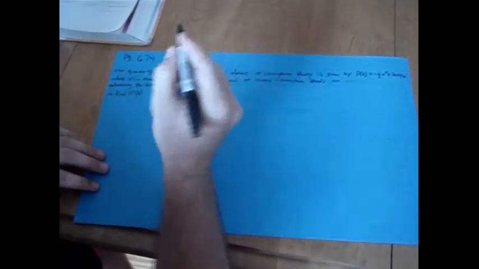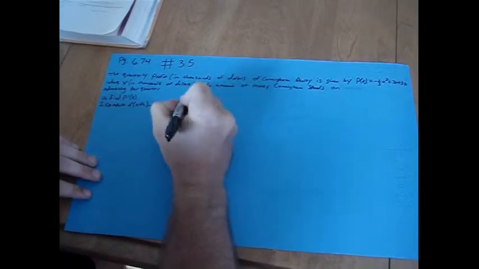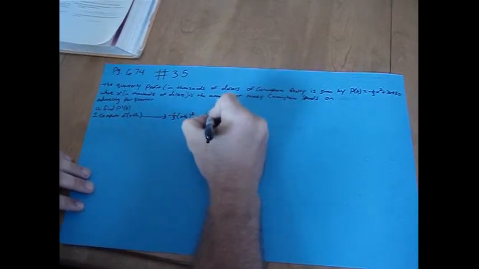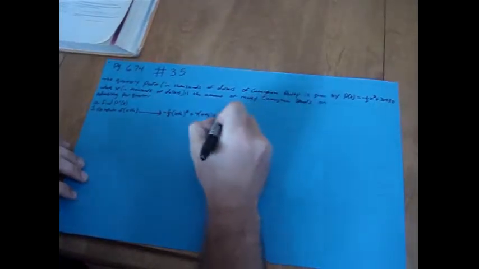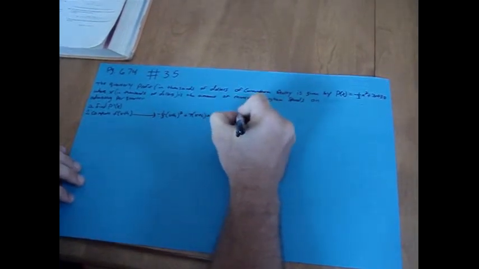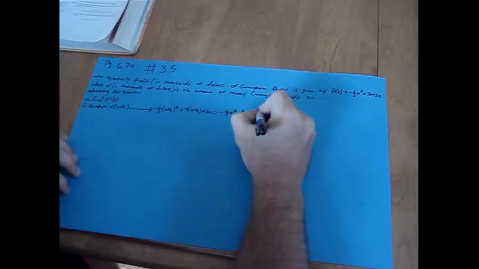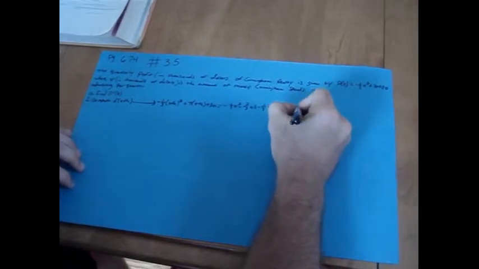So the first step would be to compute f of x plus h, which is negative 1/3 (x plus h) squared plus 7(x plus h) plus 30, which equals negative 1/3 x squared minus 2/3 xh minus 1/3 h squared plus 7x plus 7h.